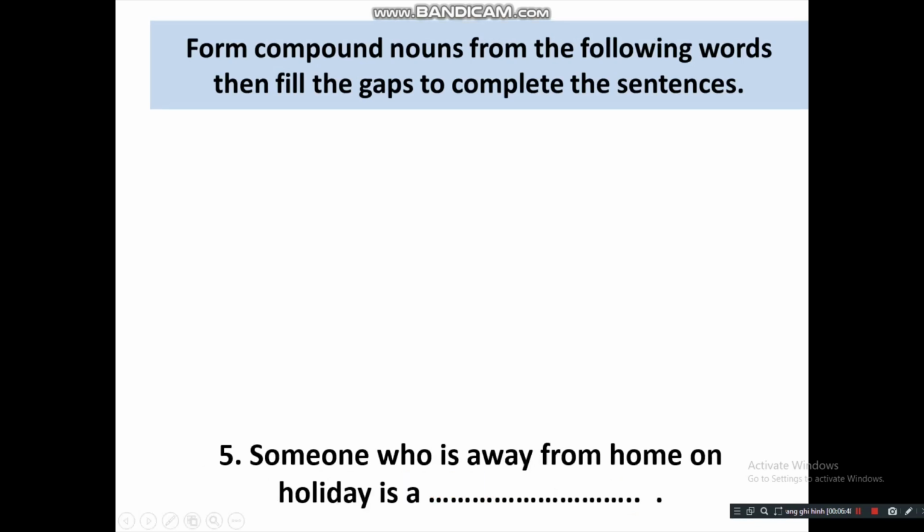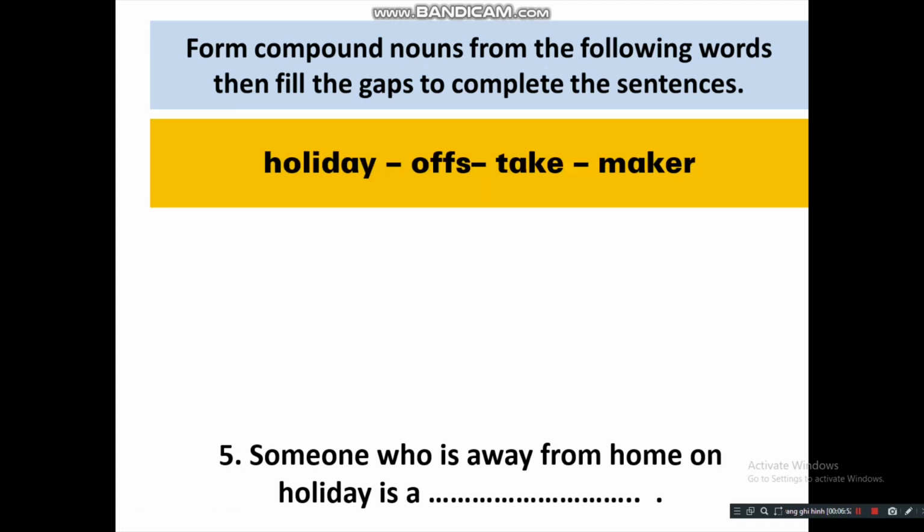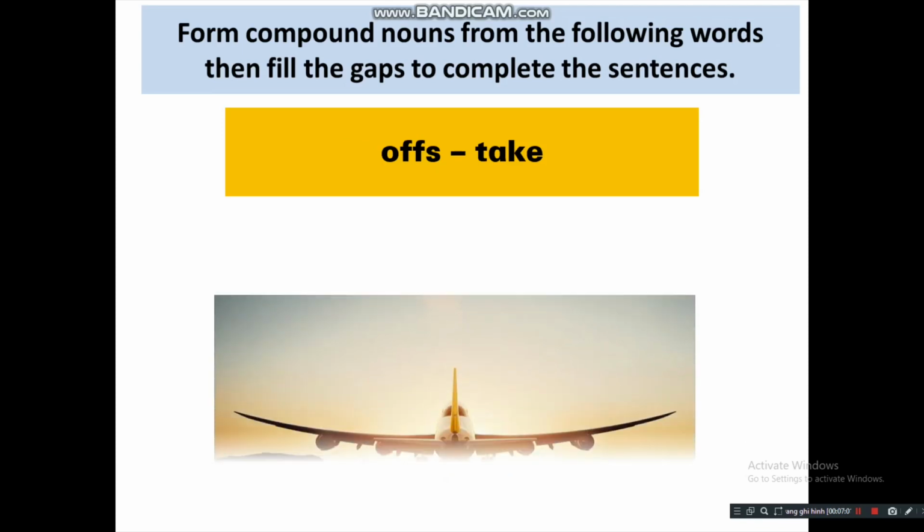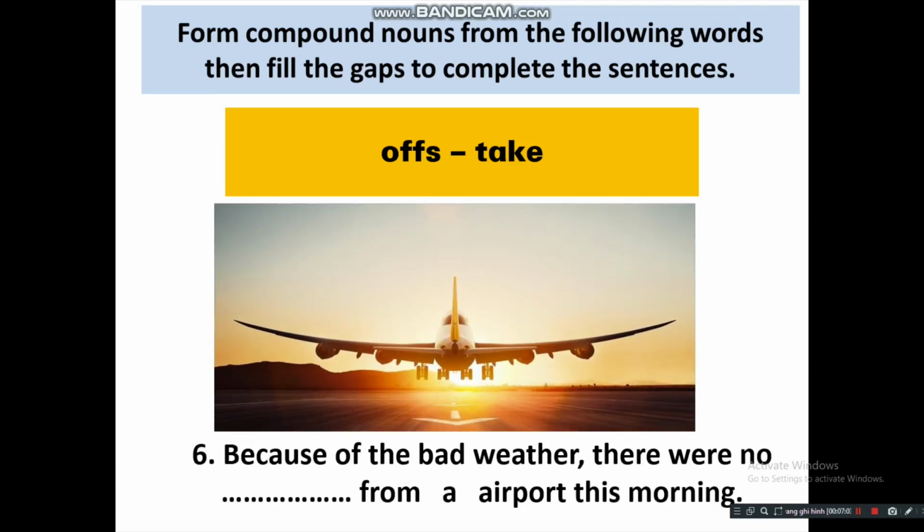Number 5, someone who is away from home on holiday is a holiday maker. Lastly, number 6, because of the bad weather, there were no takeoffs from an airport this morning.